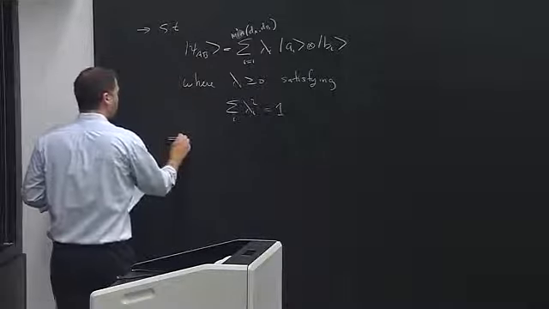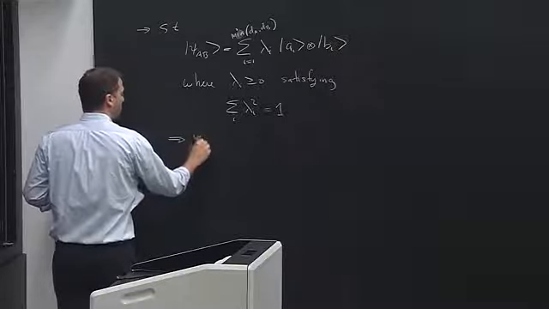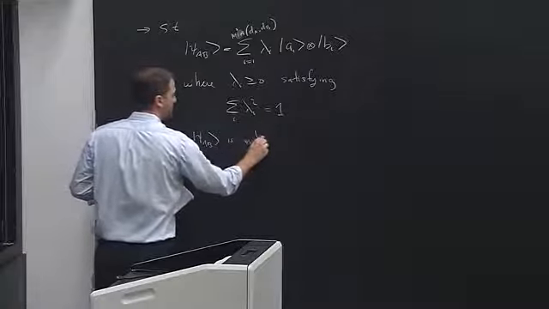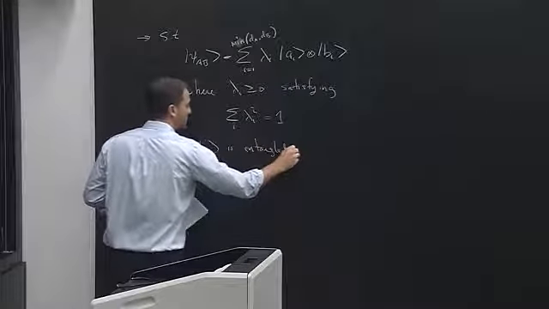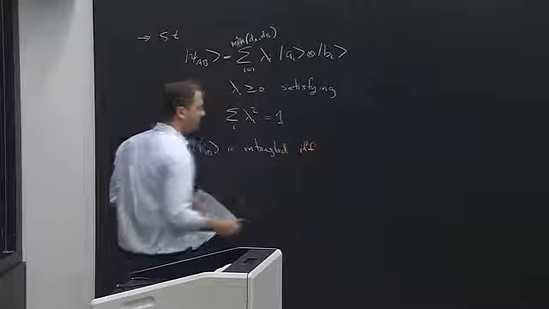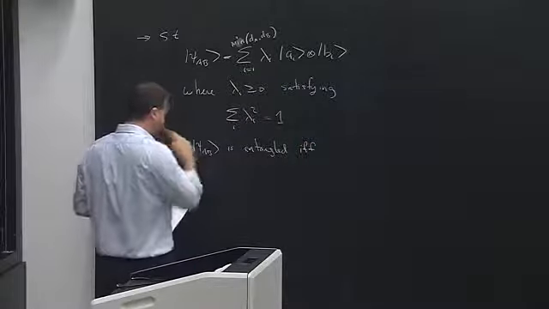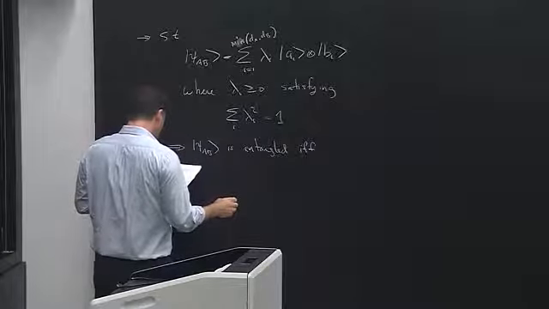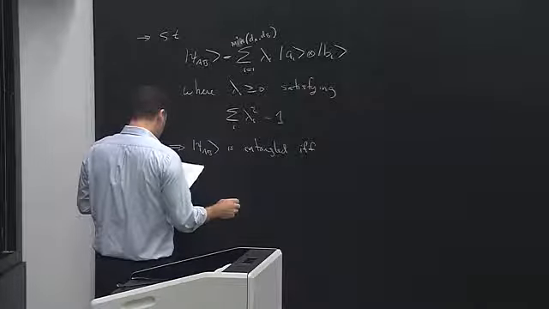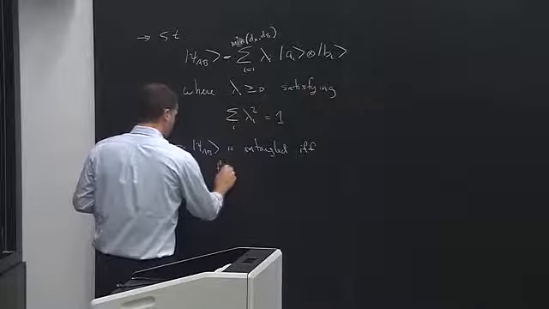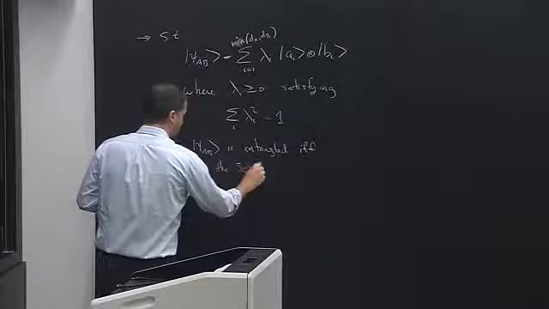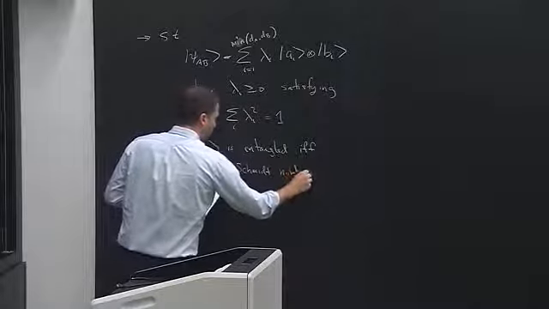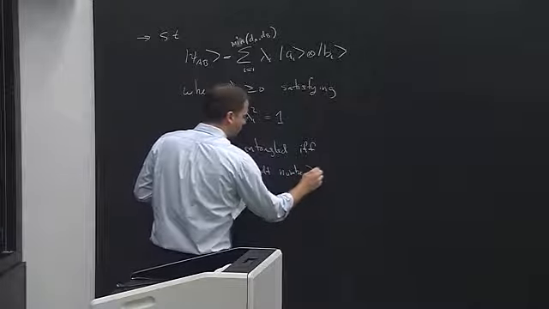So then we can say psi AB is entangled if and only if the Schmidt number is greater than 1.